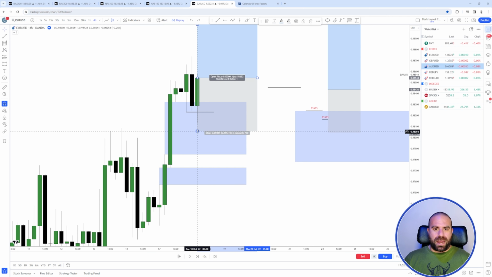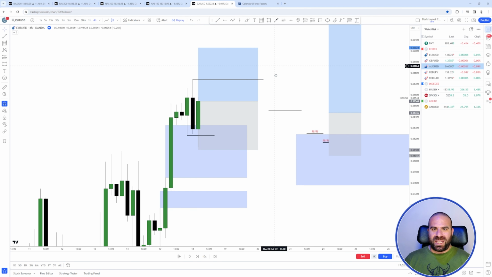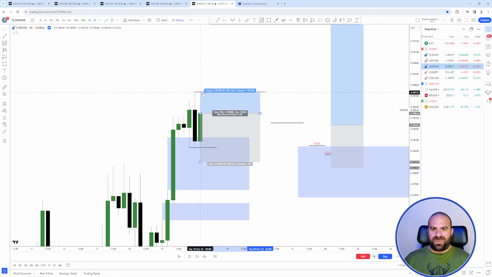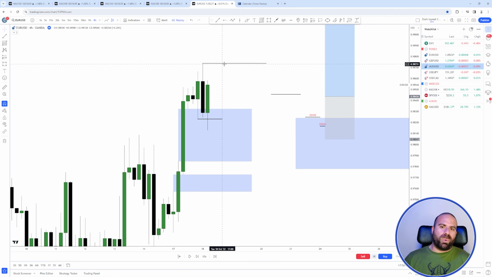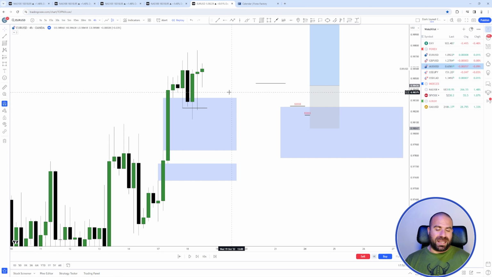The reason why I wouldn't be entering here is not because we are in a premium of this current leg. You can draw it from here. It's not because of that. It is kind of because of that, because we are so close to this liquidity that if we take this trade, the first target is only 0.4 to 1. So this can save you some trades, of course.